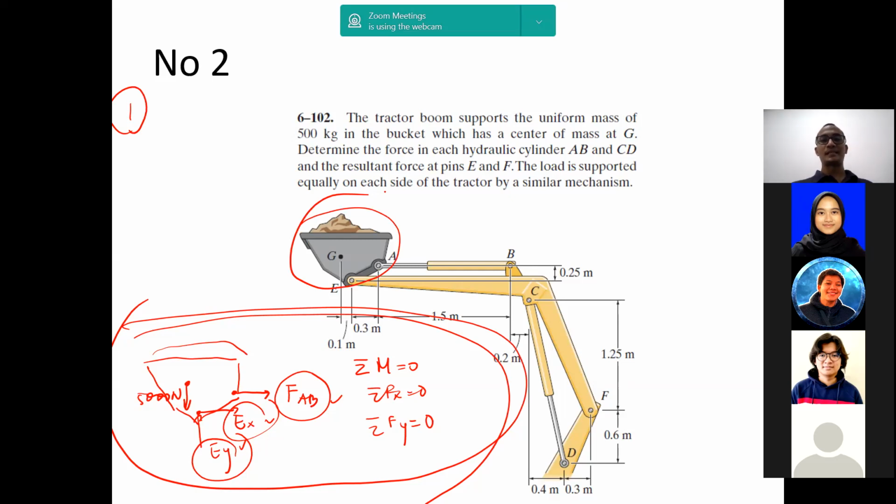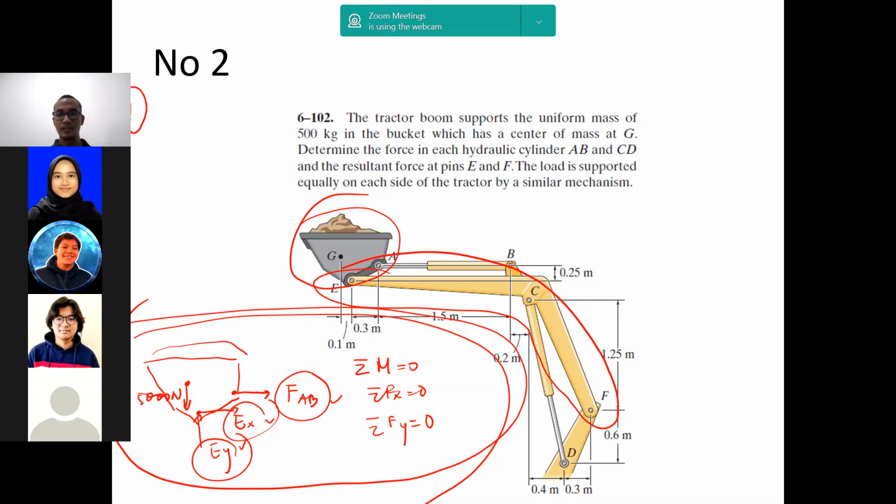Okay, which other member is actually supposed to be multi-force member, and we have to solve it to get the FCD and, oh no, ECF. ECF, yes. So that is our next free body diagram, right? Okay, that's our next free body diagram. Okay, so I think I will draw it here. This one is ECF.